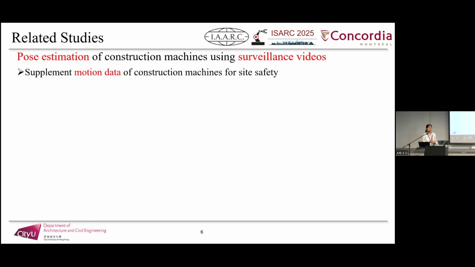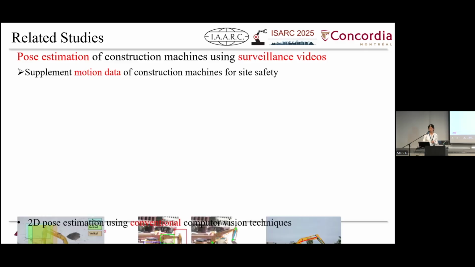So by estimating the postures of construction machines, we can evaluate the motion of the machines and provide some supplementary data about the potential risk for construction workers.